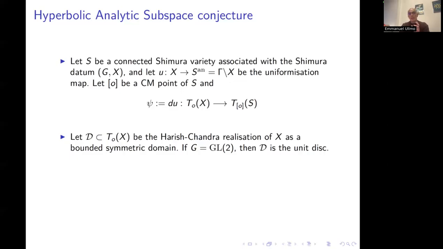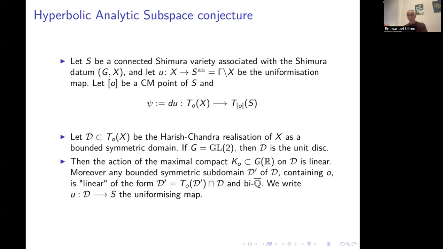But it's very important to work with the Harish-Chandra realization for the following reasons, which are not true if you don't work with this kind of realization. When you look at the maximal compact associated to your point inside G(R), and you look at its action on the Harish-Chandra realization, the bounded realization, then this action is linear.